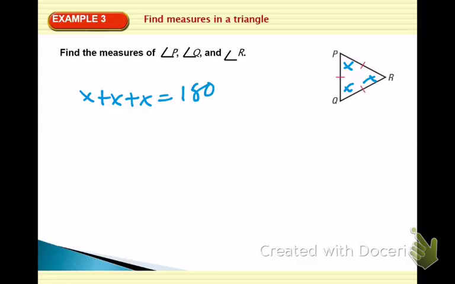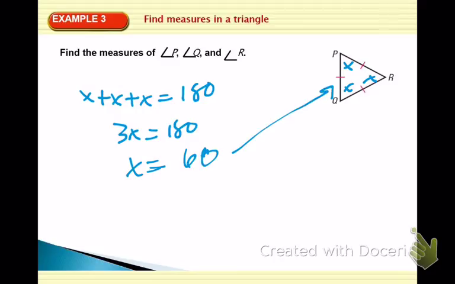So we can write the equation like this. We get 3x equals 180. Now divide both sides by 3, and we see that x is 60. So in an equilateral triangle, which is also equiangular, all the angles are 60 degrees all the time. Equilateral triangle, angles are 60 all the time.